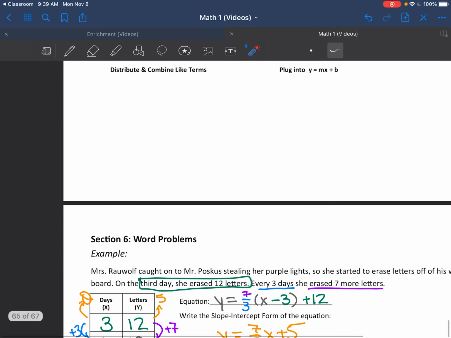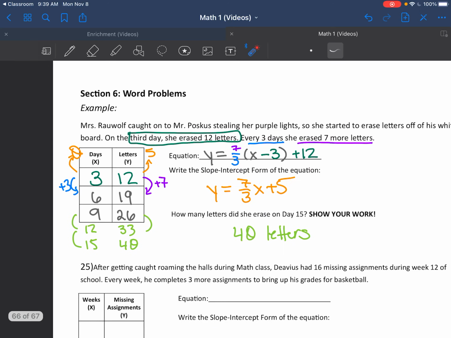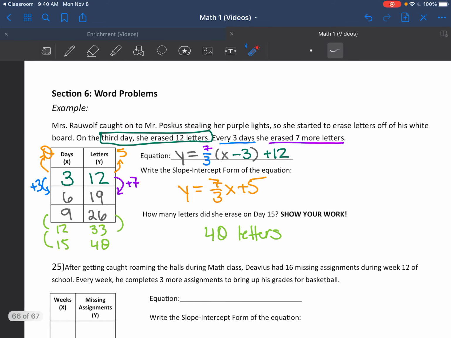Okay? Next up is a word problem. Miss Rawolf caught Mr. Poskett stealing her purple lights, so she started to erase letters off his whiteboard. On the 3rd day, she erased 12 letters. Every 3 days, she erased 7 more letters. So on the 3rd day, she erased 12 letters. So I have 3, 12.